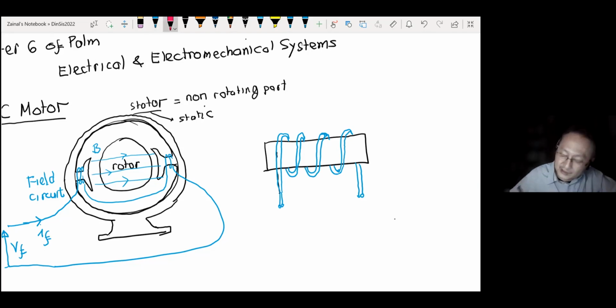Okay, if you inject current here, and the current rotates there, the current is there, and this one current is there.